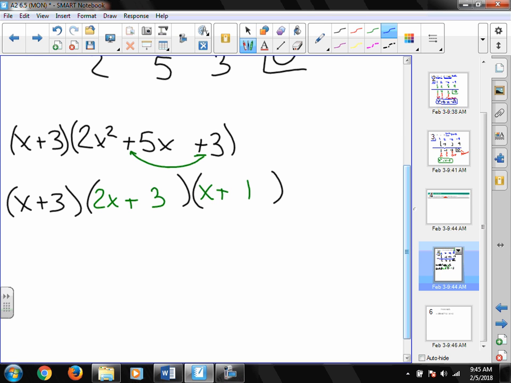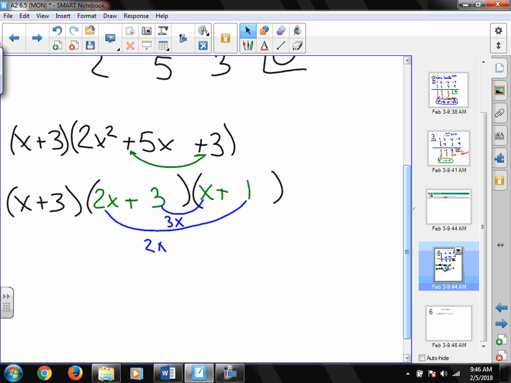So, we got to double check ourselves to make sure we got this right. 2x times 1 is going to give me what? 2x. 3x times x is going to give me 3x. 3 plus 2 gives me 5x, which is exactly what we want.